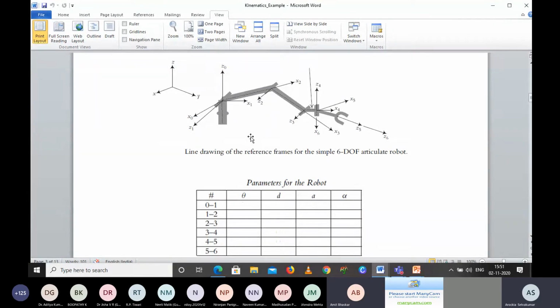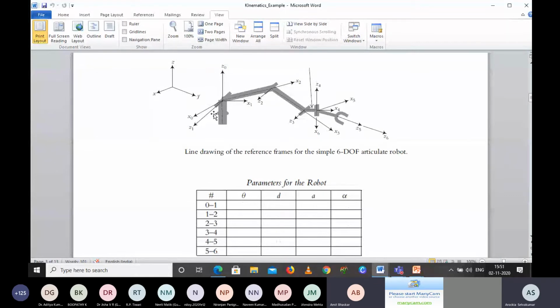Otherwise you can relate like this. Z1 to Z2, we will have a common normal. That common normal is nothing but x axis. If we are connecting Z1 and Z2, obviously it will be perpendicular to Z1 and Z2.